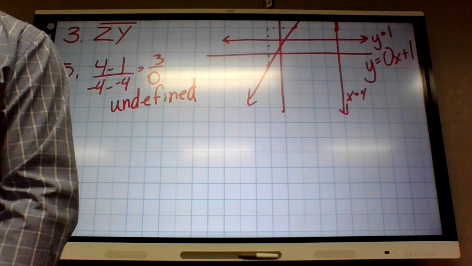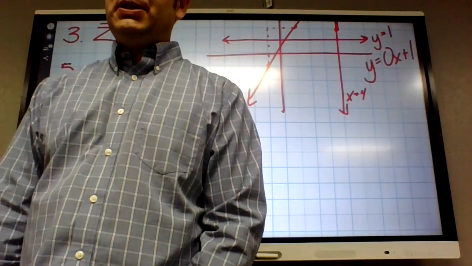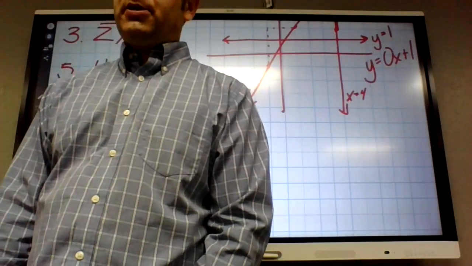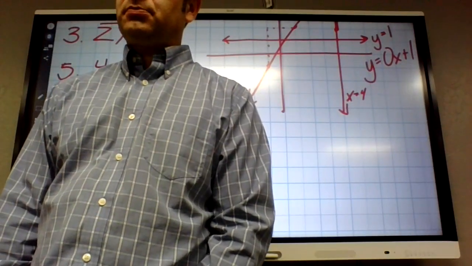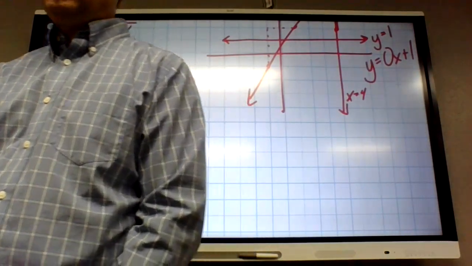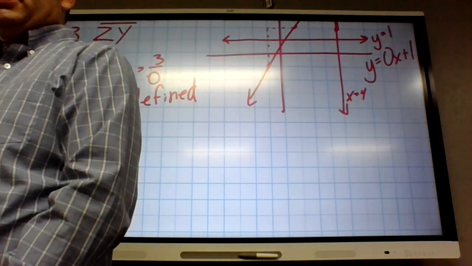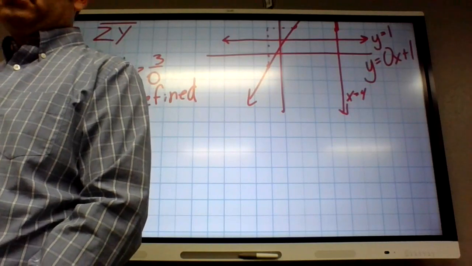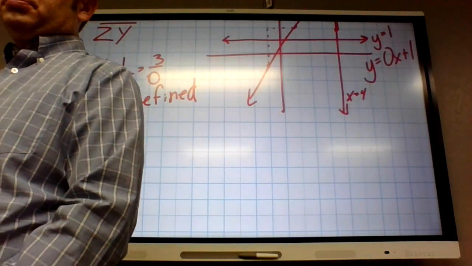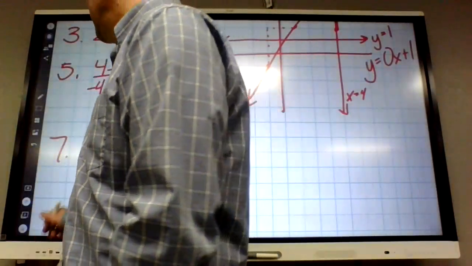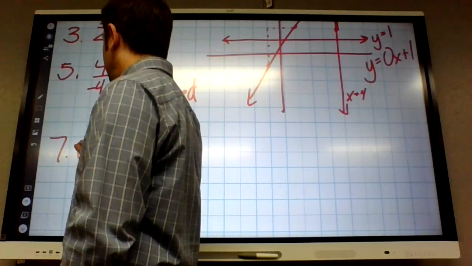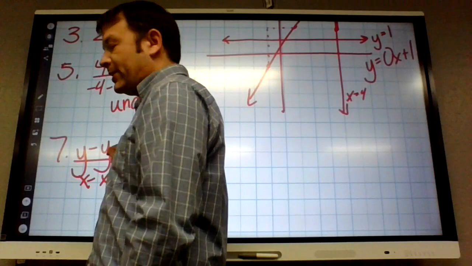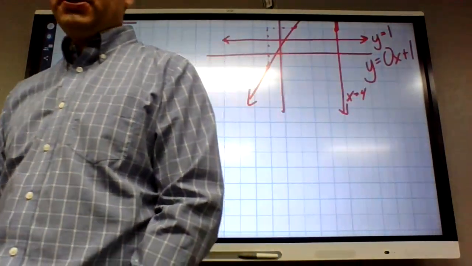Number 7. We're supposed to find the slope of segment DE. Do you guys see DE in the picture? Okay, how can I find the slope? Rise over run. You have to tell them the distance. So you do the y minus y over x minus x. Right, let's use the slope formula like I did up there. So what are the y values for D and E? 1 and -2.